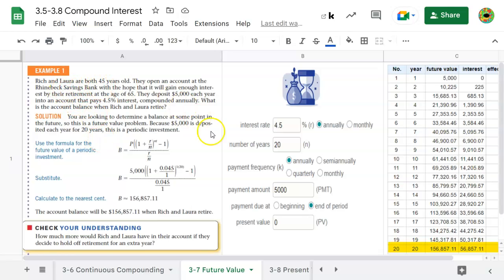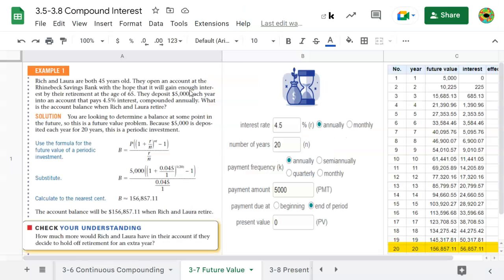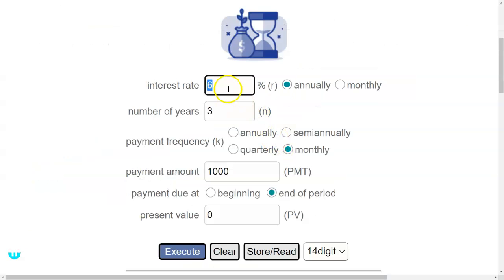And this one says the interest is 4.5% annual for 20 years, right? With a $5,000 principal.